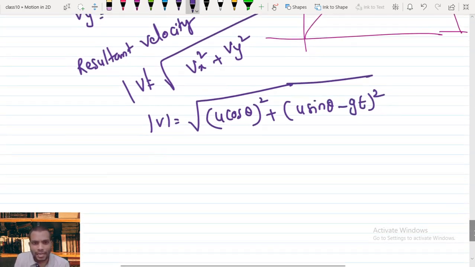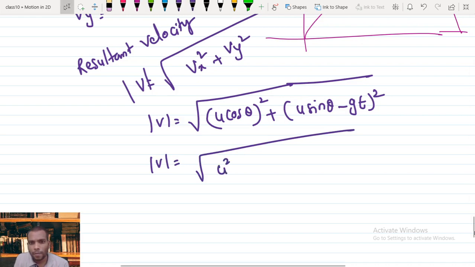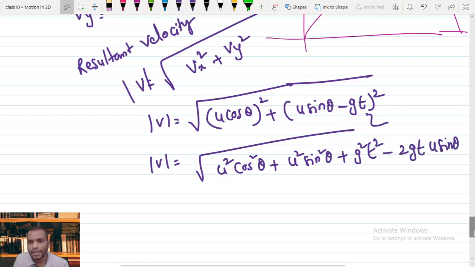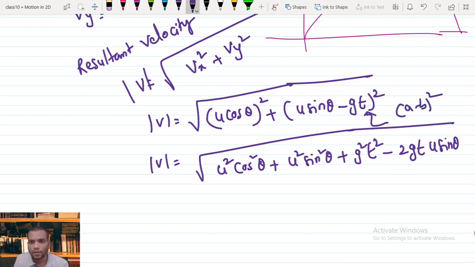Now let's finish this calculation. The magnitude of the velocity v equals square root of u square cos square theta plus u square sin square theta plus g square t square minus 2gt u sin theta. So expand this using the (a minus b) whole square formula.